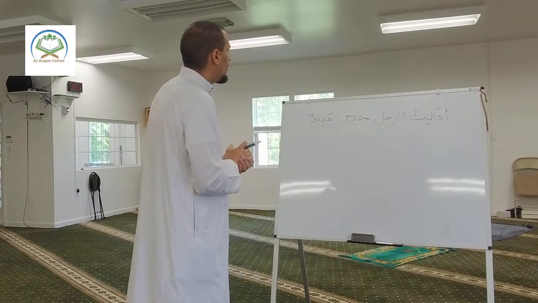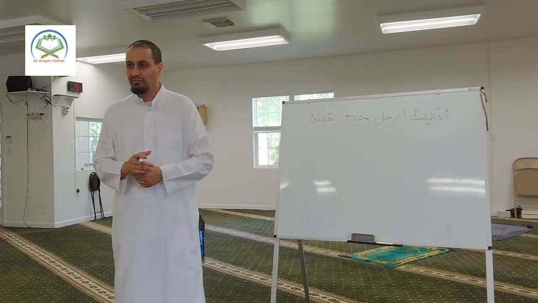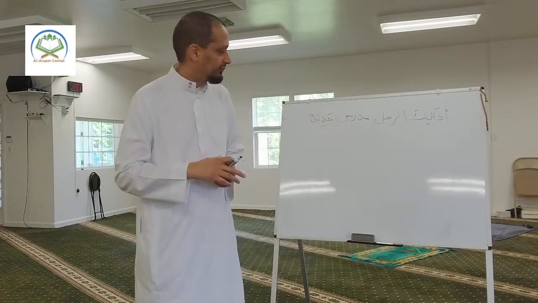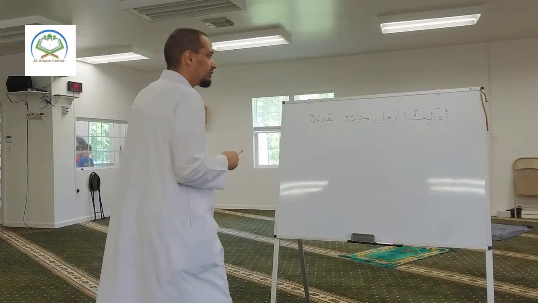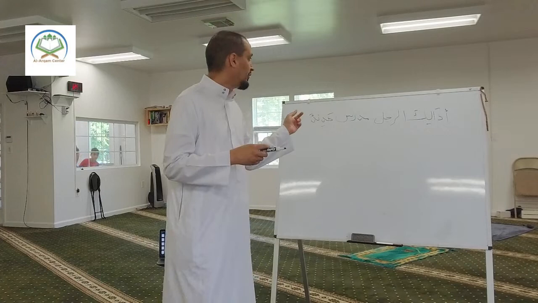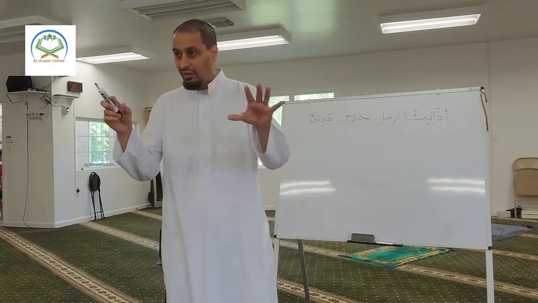So, where is the mawsuf? Where is the sifa? Mudarrisu Jadidun, Sifa will be Jadidun, good, and Mawsuf will be Mudarrisun, because Jadidun is describing Mudarrisun, right? Are you getting it now?